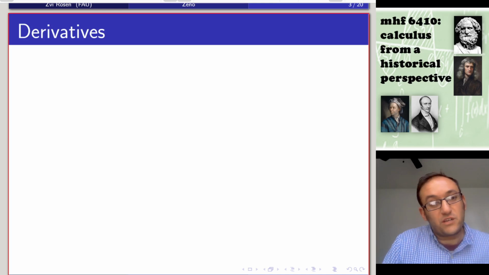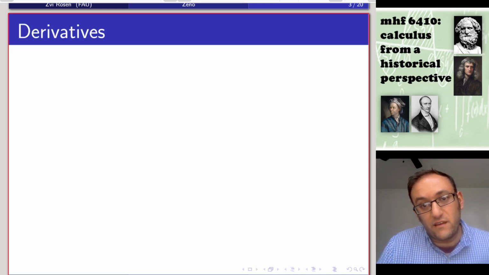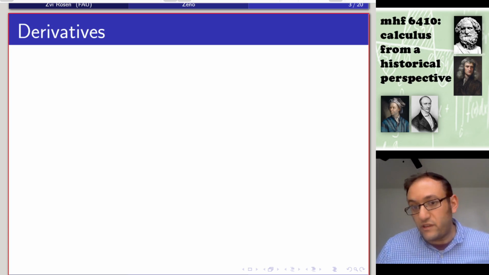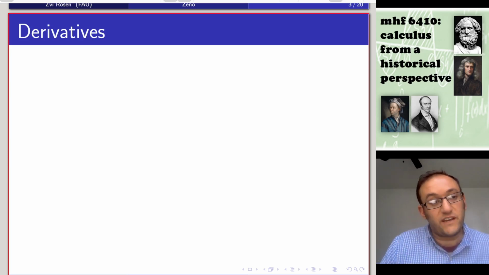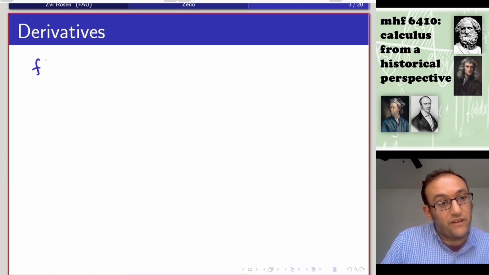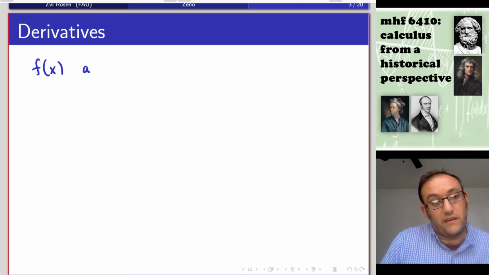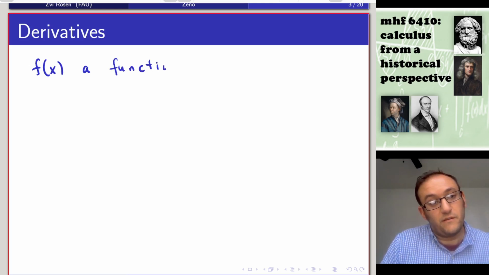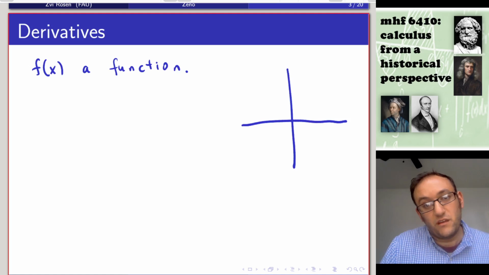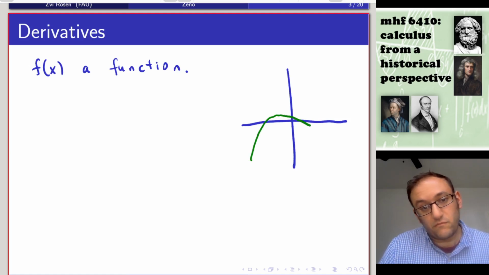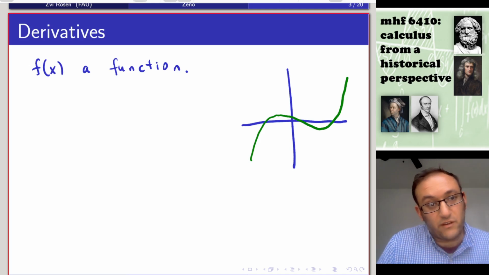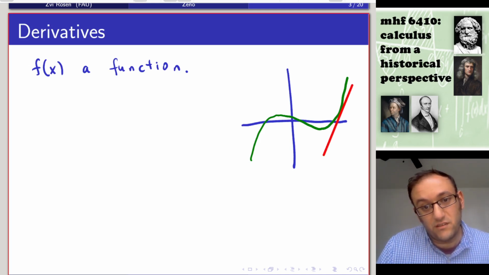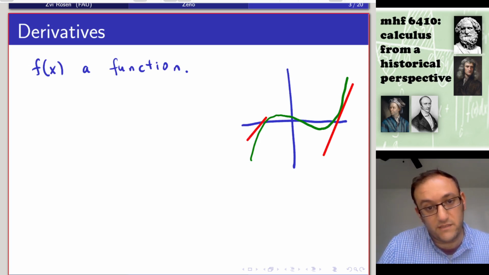Okay. Now we can talk about the derivative, and this is a topic that the inventors of the calculus were really interested in. It's one of the key operations in calculus, and it's defined using a limit. So let's say we have f(x), a function. Okay, and here we'll take a graph of some function. We might be curious about the tangent to the curve at various points.